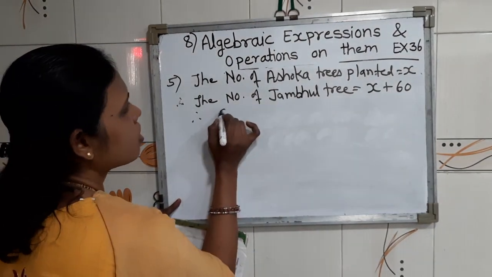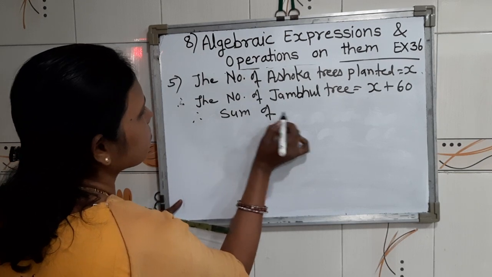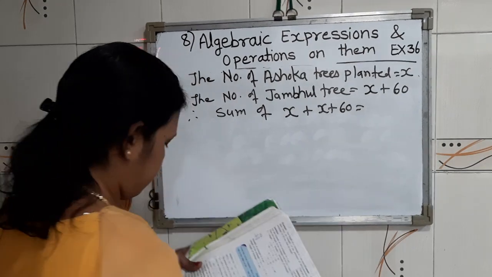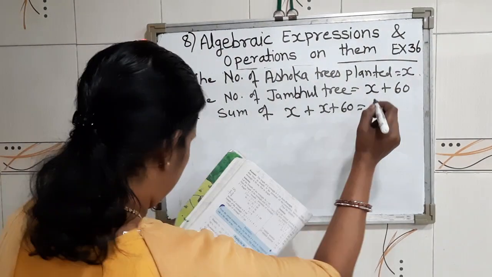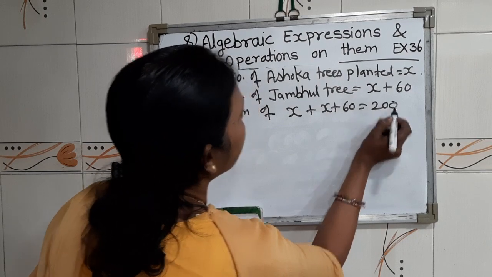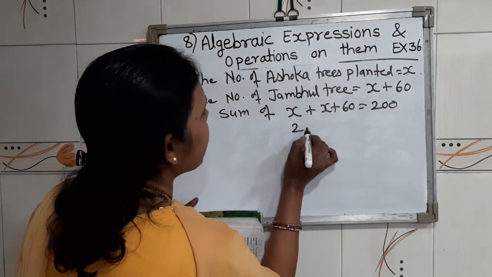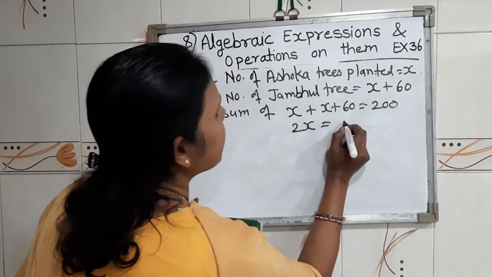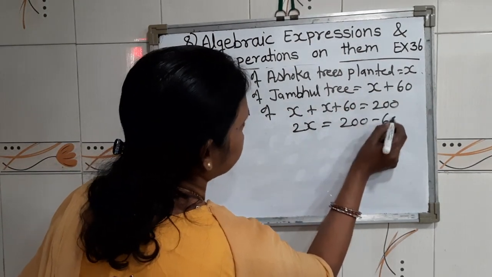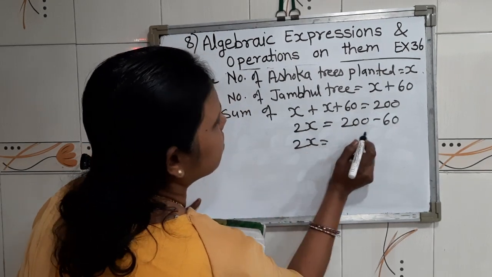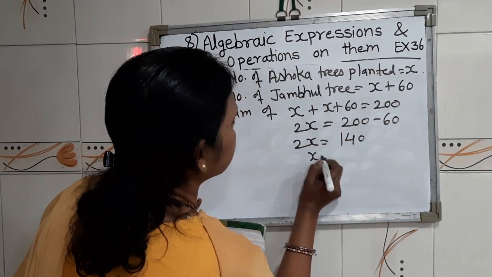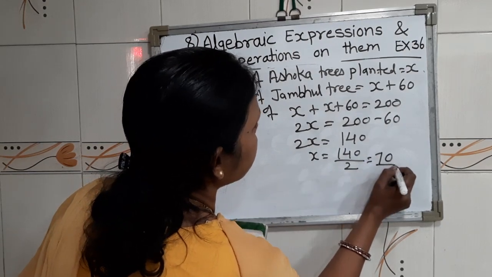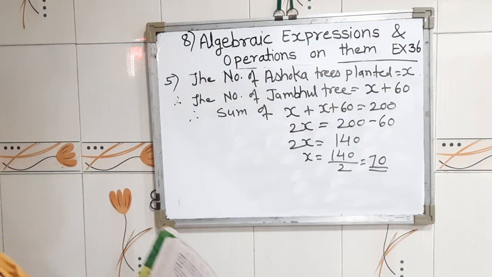Therefore, the sum of x plus x is 2x. This 60 we will take on the right hand side. 2 7 ja 14, 2 0 ja 0.